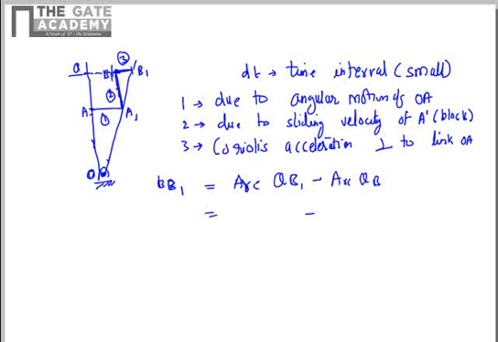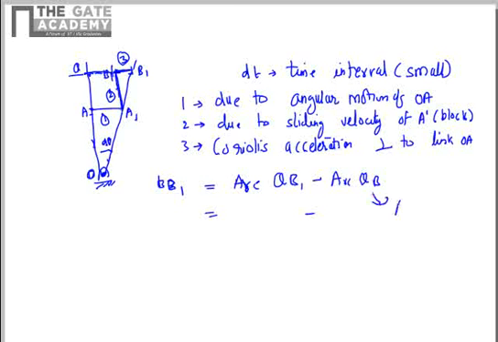Now QB1 is equal to length OQ multiplied by the angle d theta here, and QB is equal to AA1.